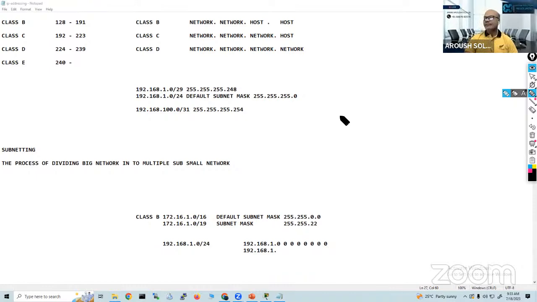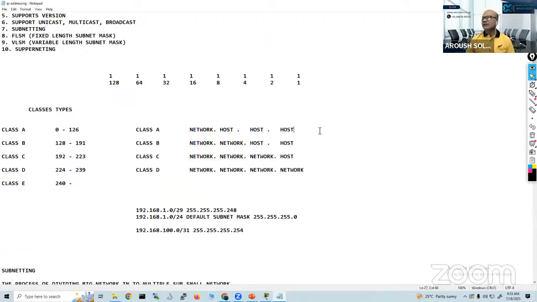Okay, so let's move on. As you know, the default IP addressing concept, I think we discussed it last class. Okay, so default subnet mask. Tabriz, can you explain what the default subnet mask is for this? 255.0.0.0.